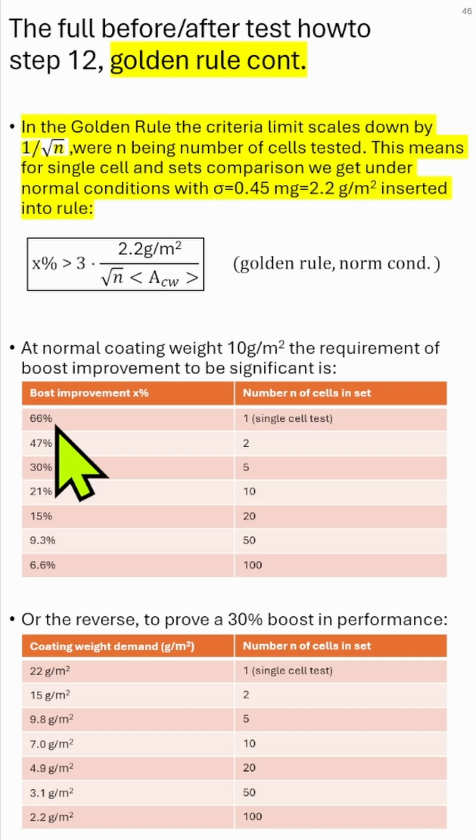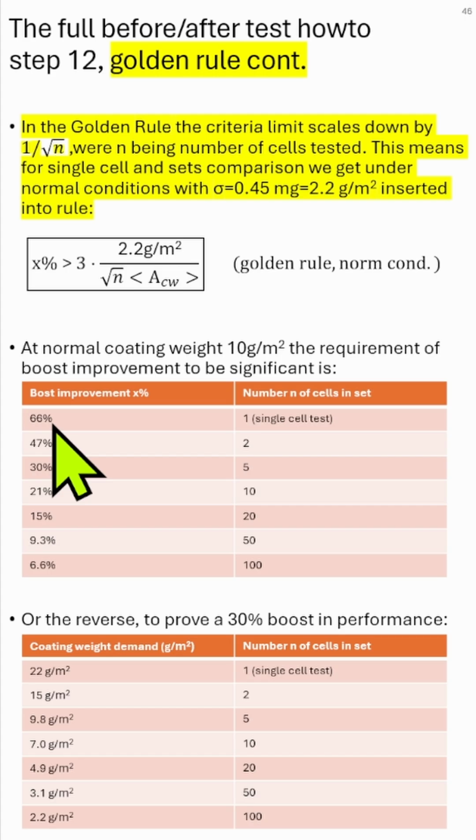And if they don't even mention a standard deviation, which they mostly don't do, right, because they only have measured one sample, then we can assume that they are under normal conditions and we can use this standard deviation. And that means that if they don't come above 66% performance boost, then that whole paper is bullshit.